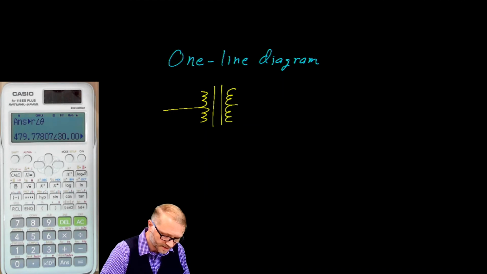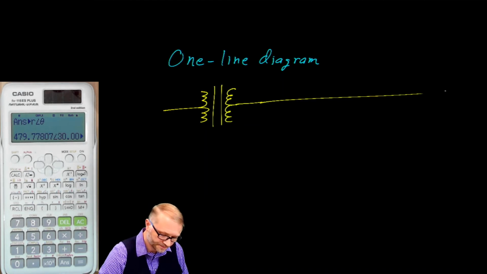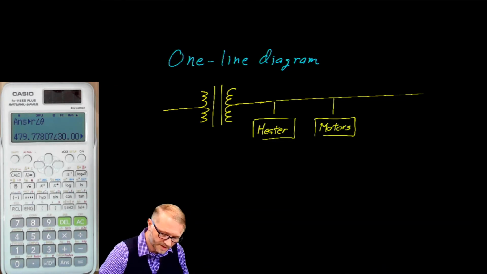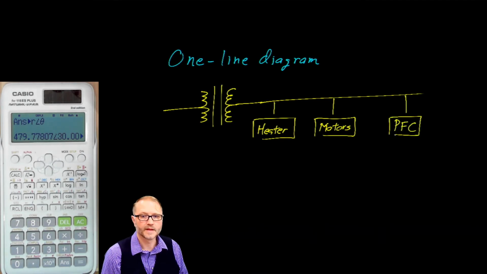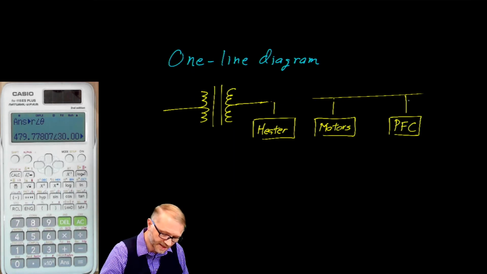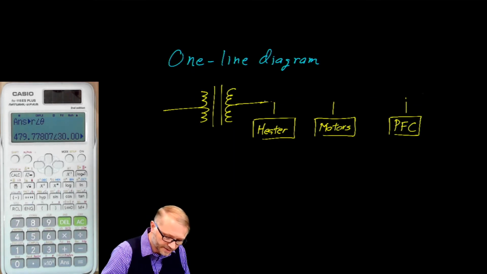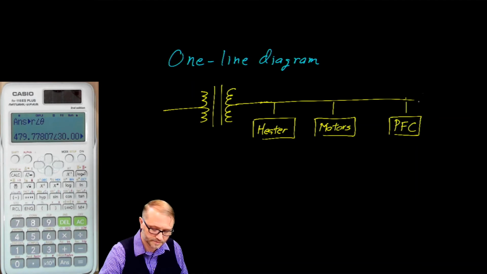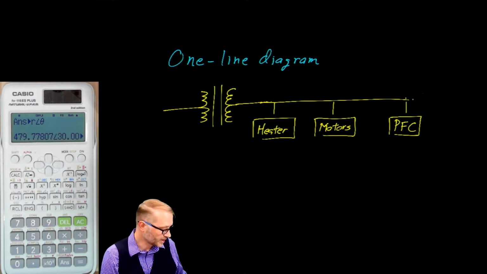So we have a transformer. We have our heater. We had those motors. And then we had our power factor correction capacitors. Everything is shown as one single wire. Okay, we didn't draw them all in.